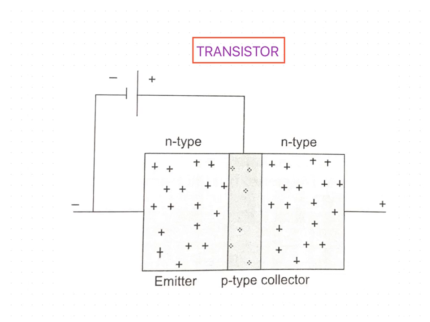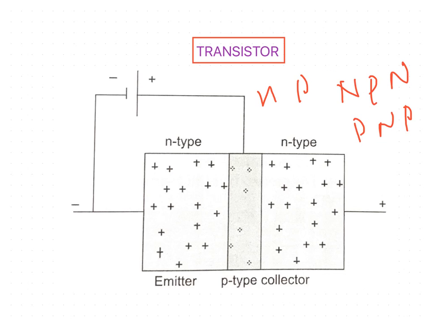It can be NPN or PNP. Here in this diagram you can see an NPN type of transistor.